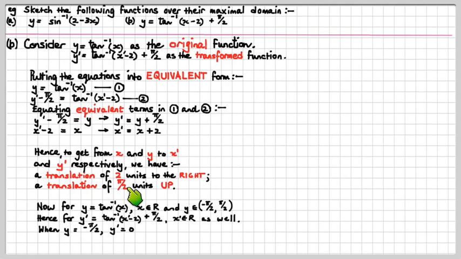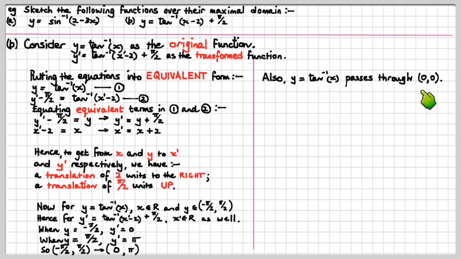Remember, we're doing a translation of pi on 2 up, so you've got to add pi on 2 and you will get y dash now being 0, okay? And when y was pi on 2, y dash will now be adding another pi on 2 to that to get pi. So that's what's going to happen. The original range was from minus pi on 2 to pi on 2 non-inclusive. The new range will go from 0 to pi non-inclusive, okay? That's pretty simple.